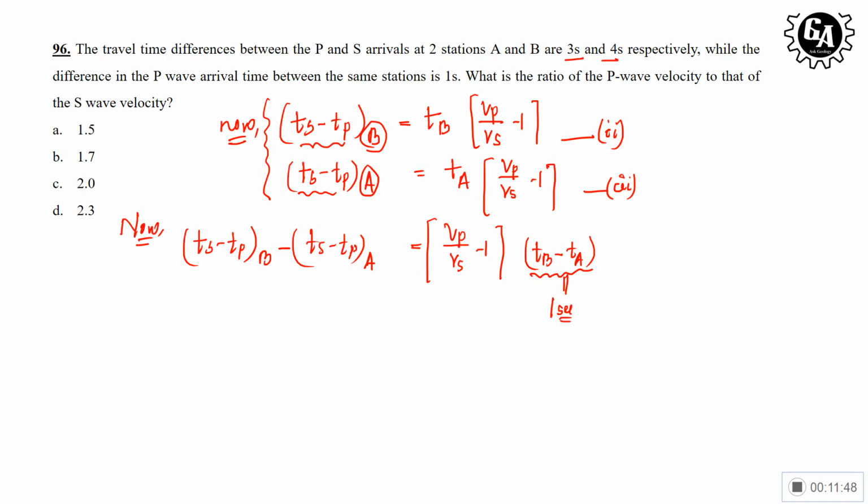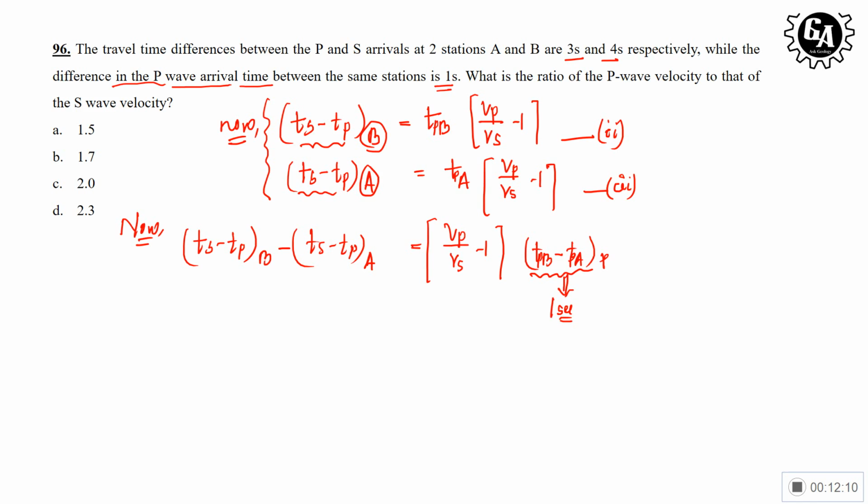This Tb minus Ta is given to be 1 second. Here you can see the difference in the P wave arrival times, Tb minus Ta of the P wave, that is 1 second, which is given. Write here Tpb and Tpa. This is given to be 1 second.